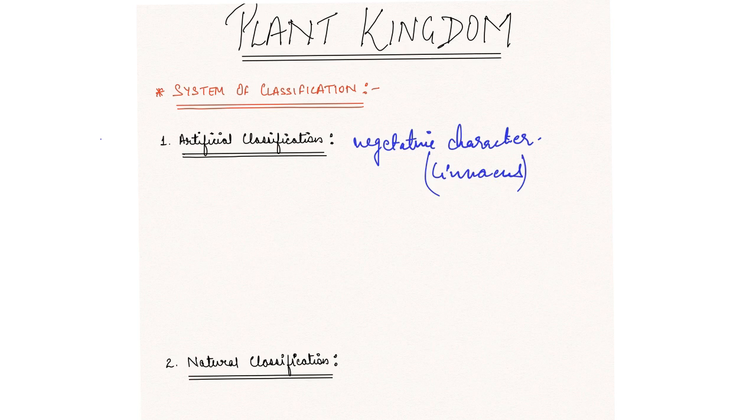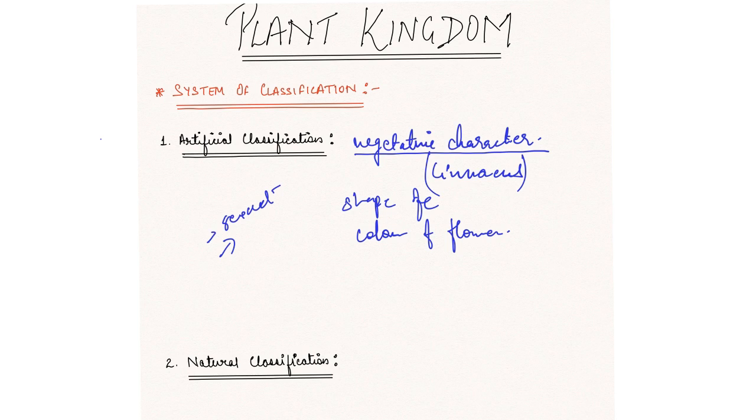But when you talk about vegetative characters, it can be, say, the shape of leaves, the color of flowers, and things like that. So basically you are not at all taking into consideration the sexual characters or anything else as such.